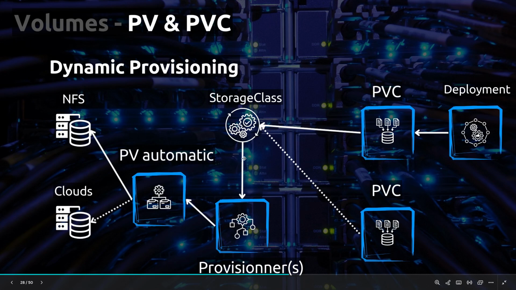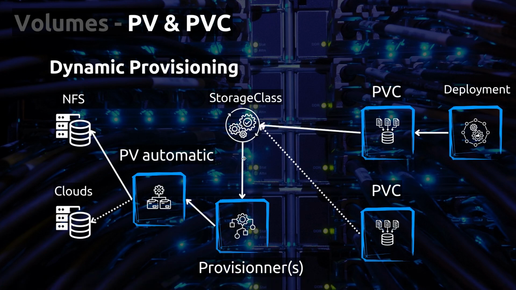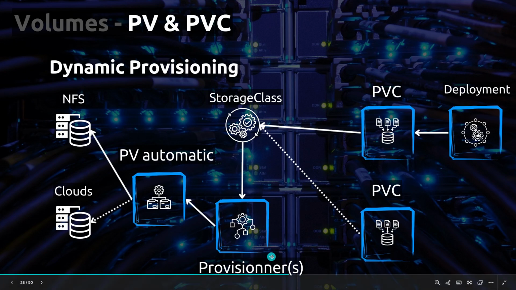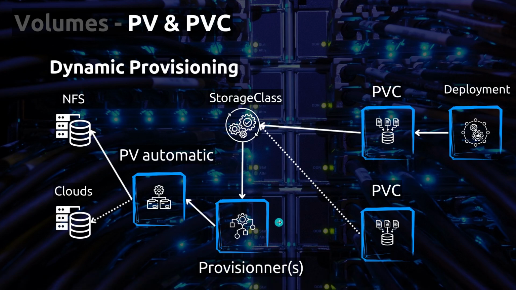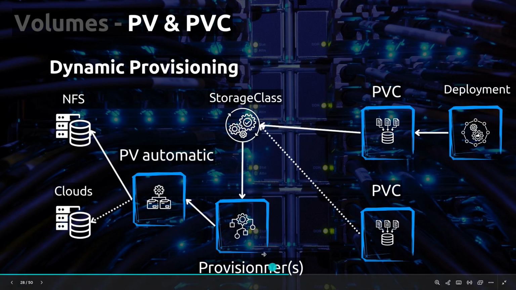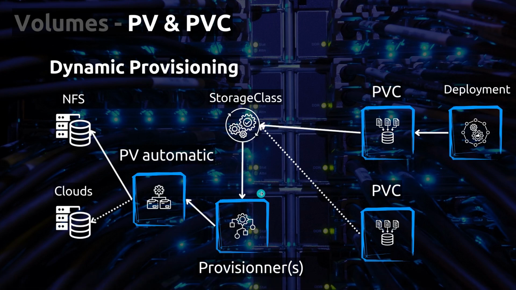But with dynamic provisioning, how it works is really simple. When you install a provisioner inside your Kubernetes cluster, you first need to install a dedicated application, and this application just watches the storage class and its usage, because when you install a provisioner, you also install a storage class alongside it.